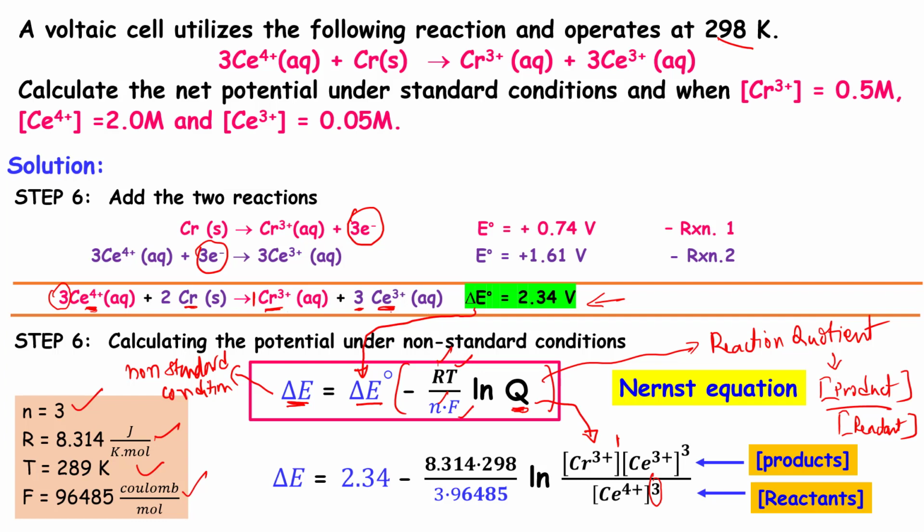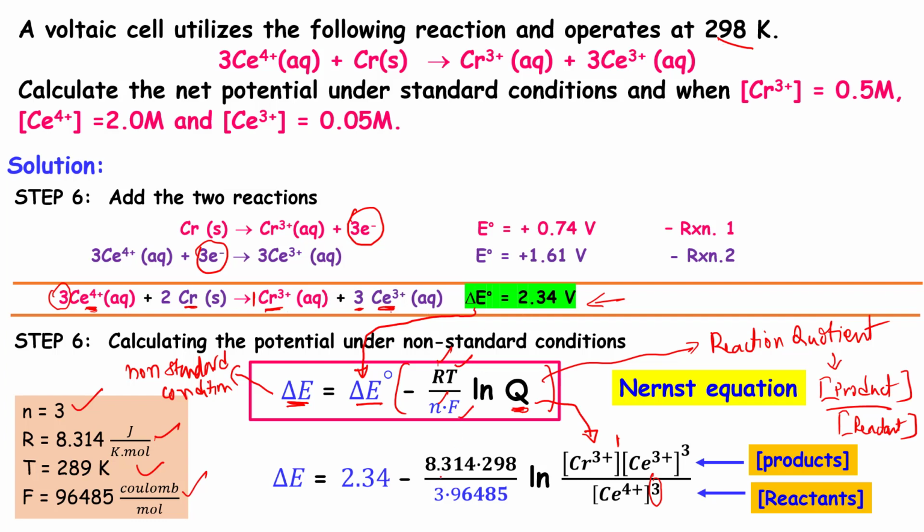Okay, so that's why we're not including the chromium. And so therefore, this Q consists of these 3 concentration terms, 2 of the product terms on the top and 1 reactant term in the bottom. They're all raised to the power of their stoichiometric coefficient. So if you have 1 as the stoichiometric coefficient, it's raised to the power of 1. If you have 3 as the stoichiometric coefficient, it's raised to the power of 3. So this is the equation that we get for solving this problem.